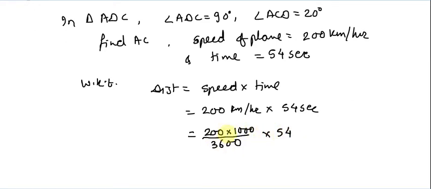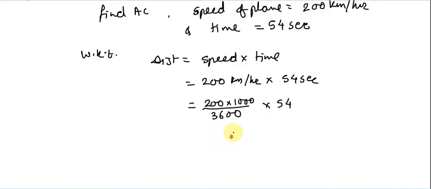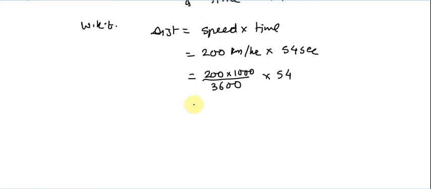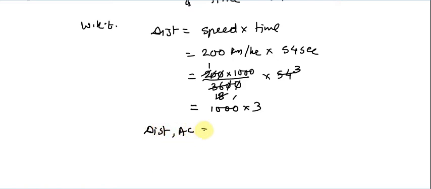Now the speed is in meters per second and the time is in seconds. So we can reduce it. So we get 1000 into 3, that is distance AC equal to 3000 meters.